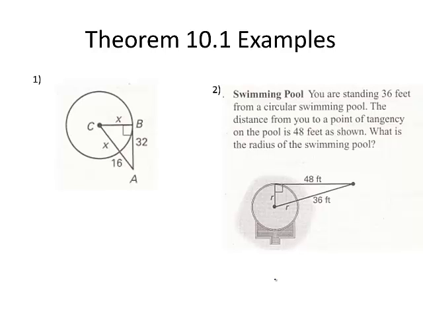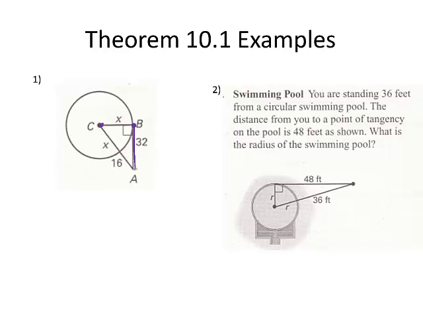So here are your theorem 10.1 examples. We're going to be using the Pythagorean theorem. In the first one, I have a radius drawn from point C to point B, and then I have a tangent segment AB, which creates a 90-degree angle.